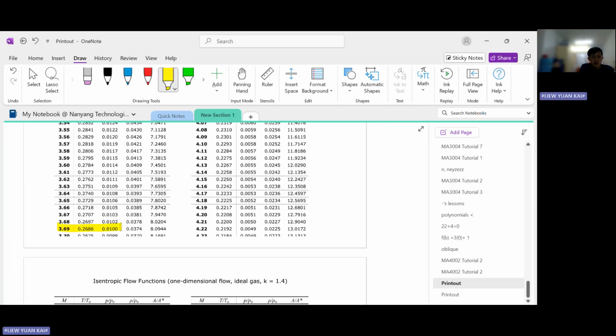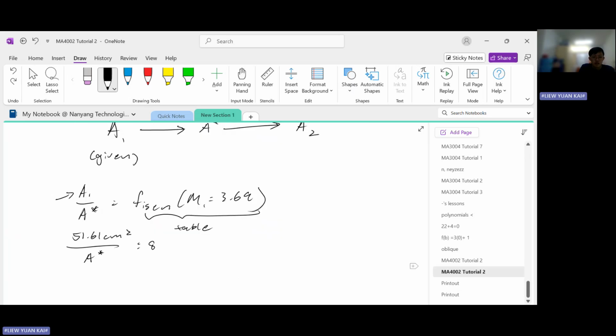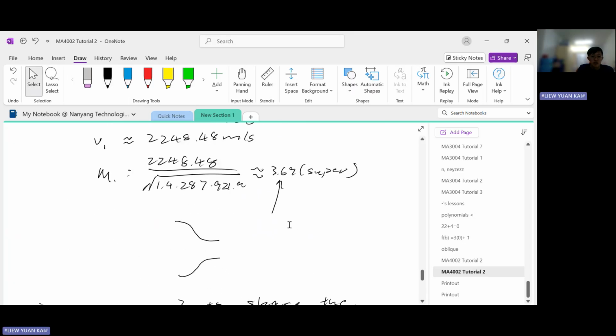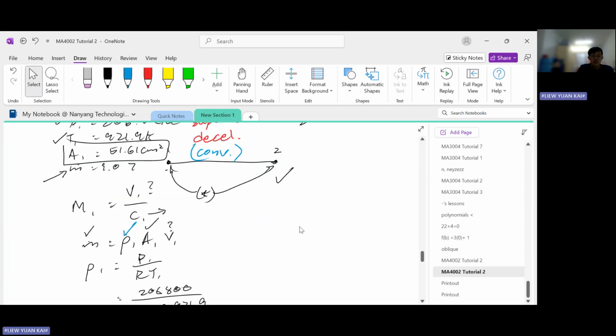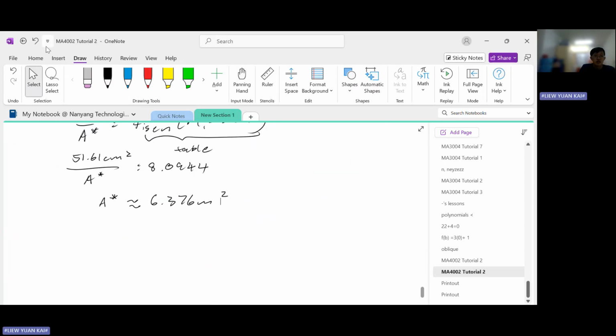The last column is the area ratio, and it says 8.0944. So let's take that value, 8.0944, and calculate A star. A star will be equal to 6.376 cm squared. It's supposed to be cm squared, sorry.